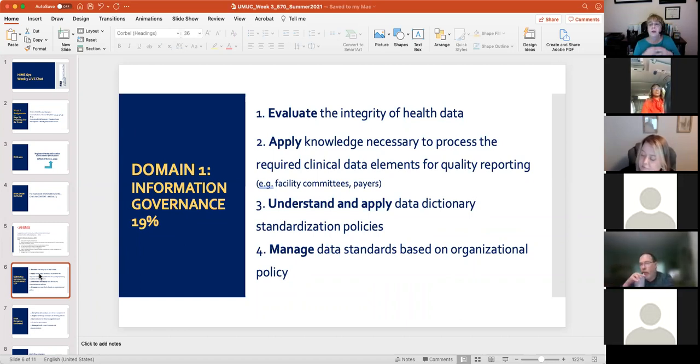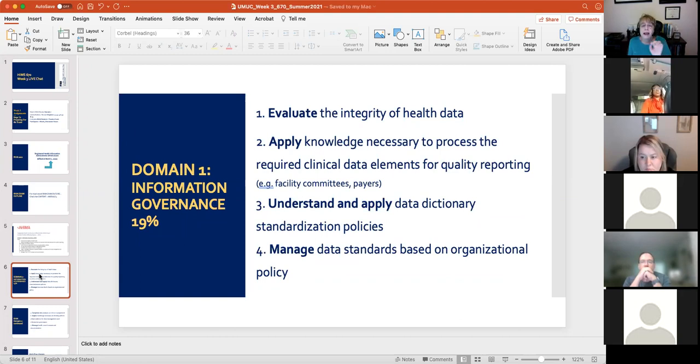This is about use. How are you going to use the knowledge that you've gained to process the required clinical data elements for quality reporting? Okay, so this goes beyond knowing what the clinical data elements are. You have to understand why those specific elements are required.